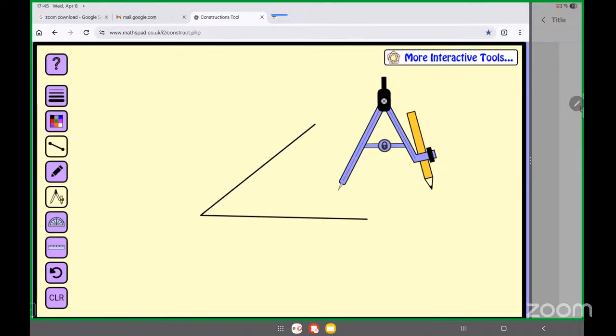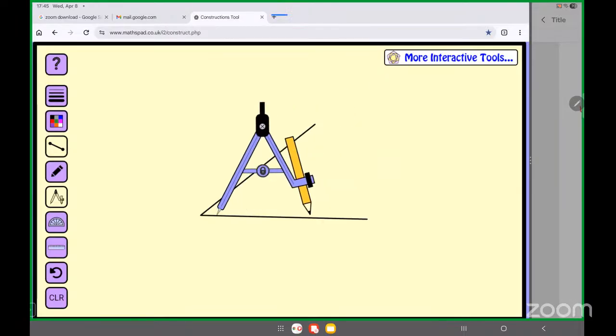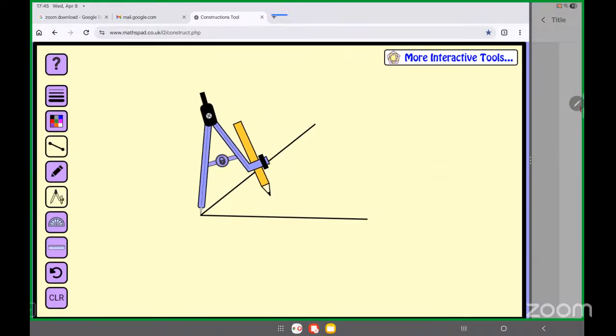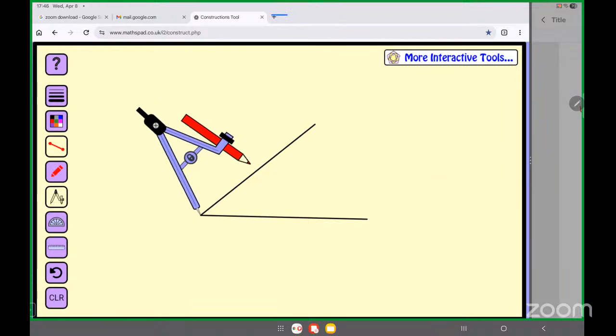So you put the point on the angle, open it to a reasonable length, and you lock it. Let me change the color on the pencil to blue so we can see the construction, and to red. To bisect an angle, you bisect the arc of the angle. That's the concept.